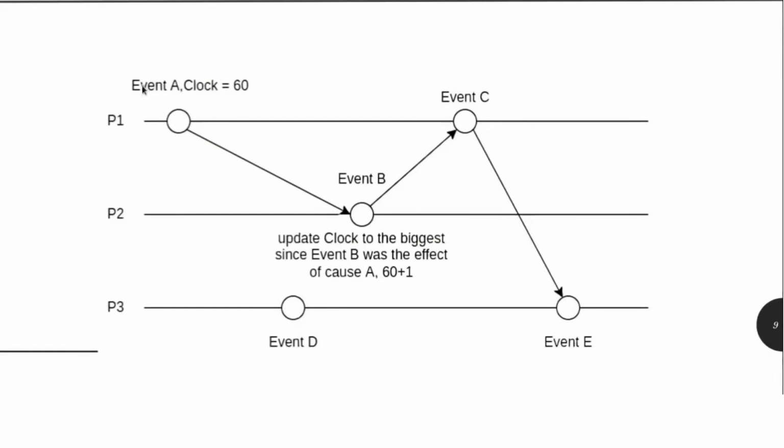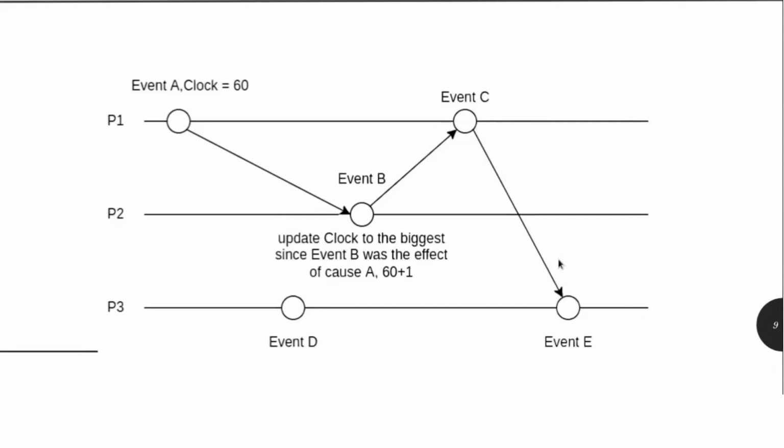So event A caused the existence of event B. And then event B is causing event C, which means event A obviously happened before event C. And then if event C caused event E, it means that B must have happened before event E. So whenever we have a causal path, so we call this a causal path, we can actually have some degree of ordering of messages.